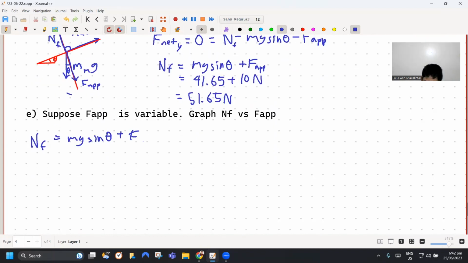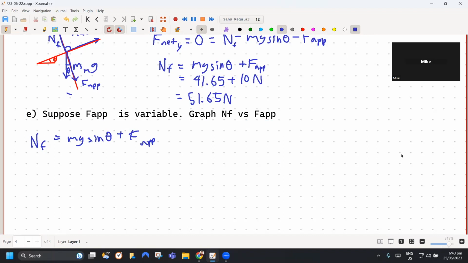That's applied. Okay, so if you graph that, anong lalabas na graph? Anong lalabas graph? So graph this. So gusto mo makita kung kailan nagsi-zero yung normal force.